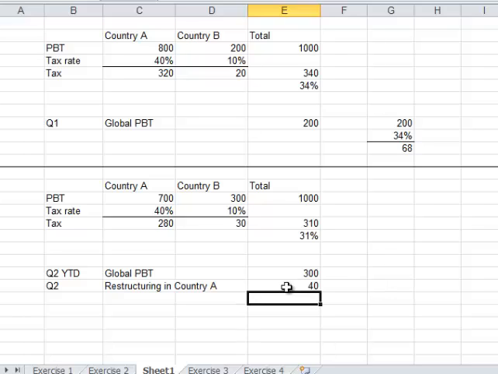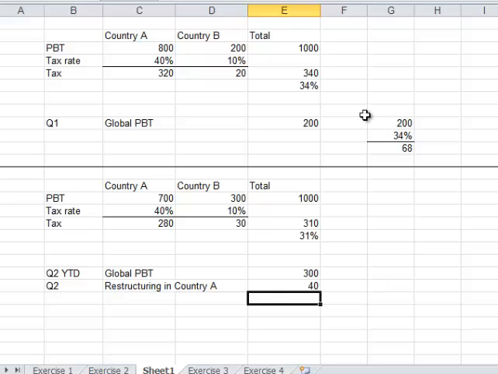Okay, so not included in the 300 of year-to-date operating income is a 40 charge related to restructuring. And that charge is fully deductible. Okay? Say we're moving out of a building and we have to pay the landlord an amount to exit our lease. Okay? All right, so now the question is, well, what is our Q2 provision?